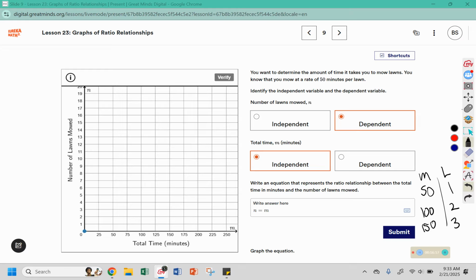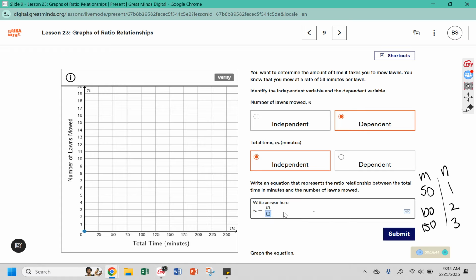So the way that I'm getting these is the lawns can be multiplied by 50 to get the, oh, actually I have the wrong variable there. That should be n for the lawns. I can multiply the lawns by 50 to get the minutes. Or I could divide the minutes by 50 to get the lawns. So we could write our equation as M divided by 50.